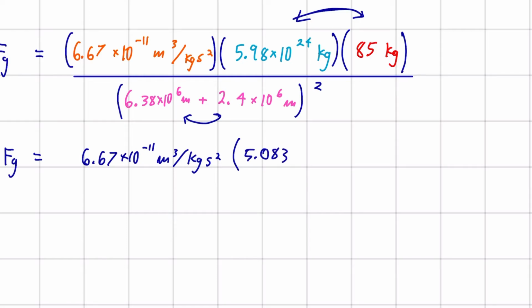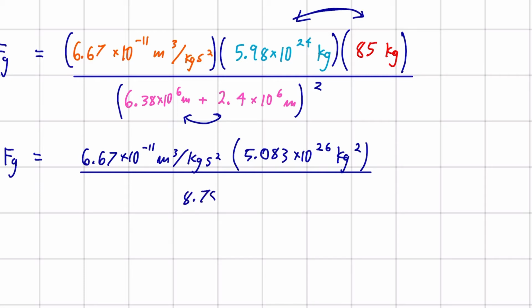But I'd rather show you the extra steps than not enough. Kilogram squared. And then our radius, when we add the two together, we get 8.78 times 10 to the 6 meters, and that will be squared.